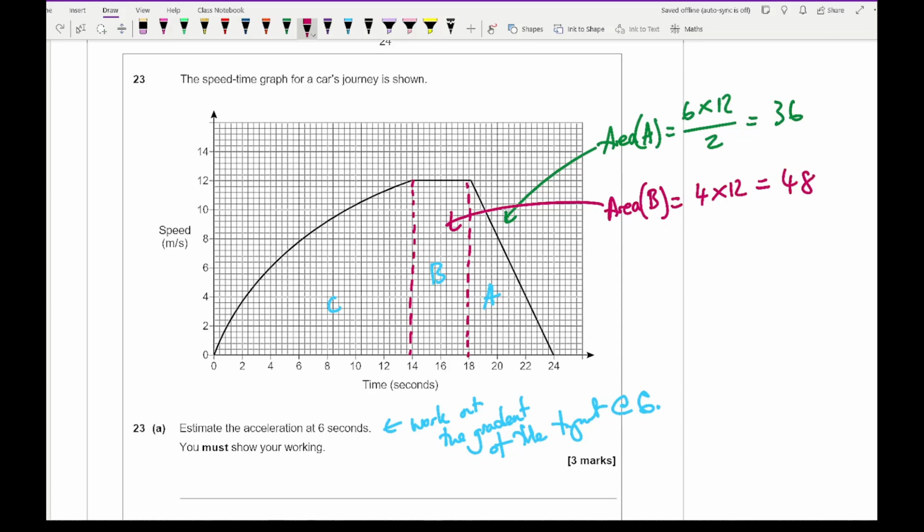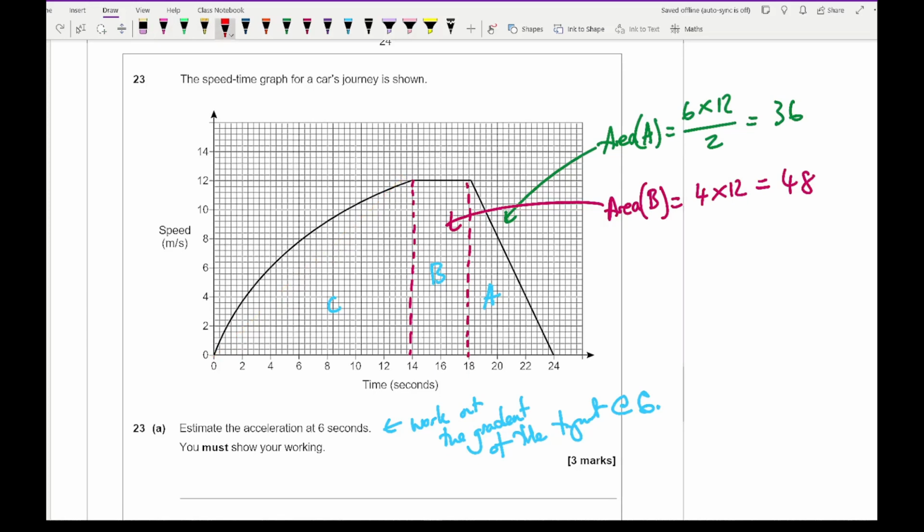Now for C, this is where it gets a little bit more complicated. Now for this, what you want to do is work out what C is. Now you can either treat C as a triangle, like so, and you can work out the base. So the base would be 14, the height would be 12, and that would be absolutely fine. Or what we could do is treat it like a trapezium, because obviously that's not as accurate.